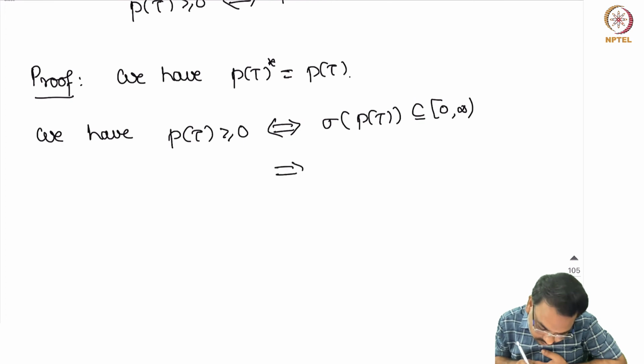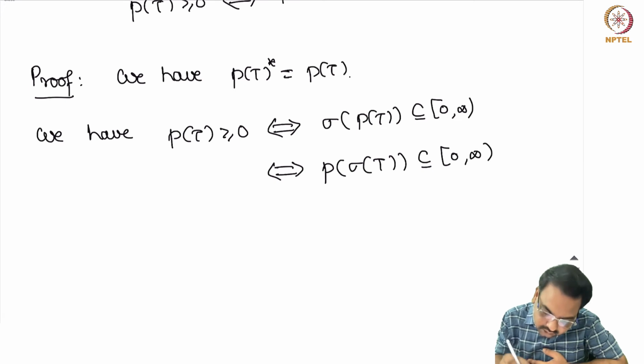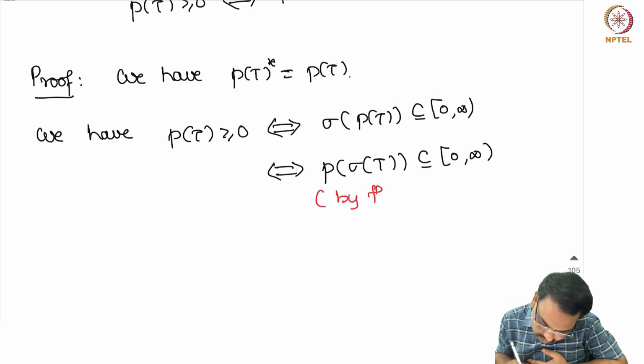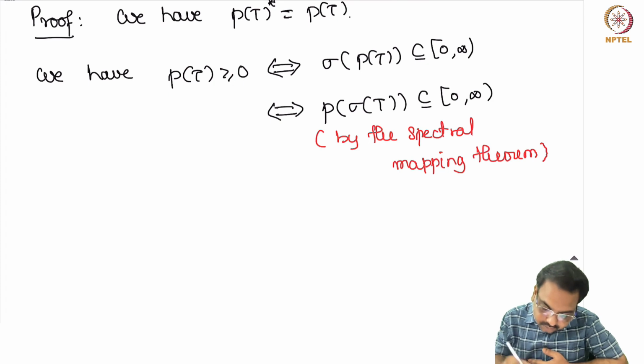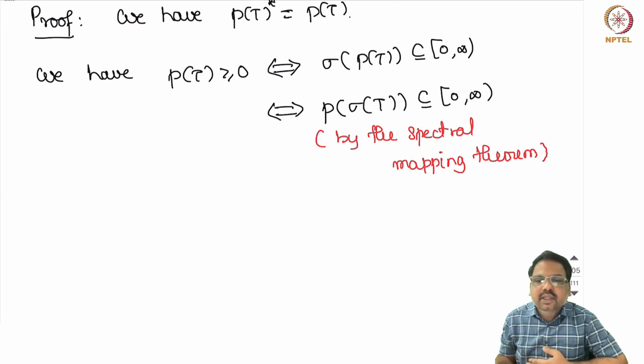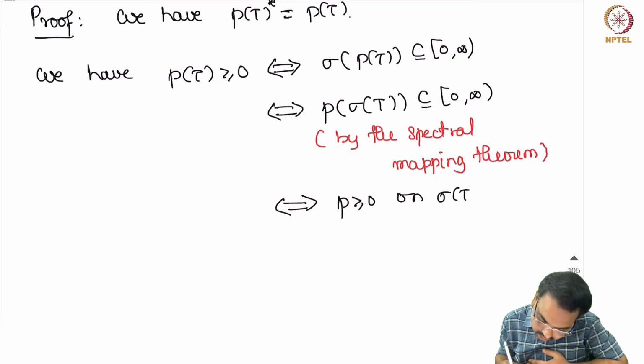Now we know that the spectrum of P of T is nothing but P of the spectrum of T, by the spectral mapping theorem. So that means P takes positive values on the spectrum of T. So this is nothing but P greater than or equal to 0 on the spectrum of T.